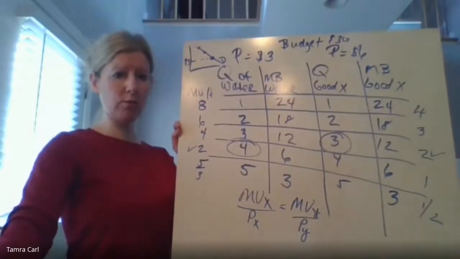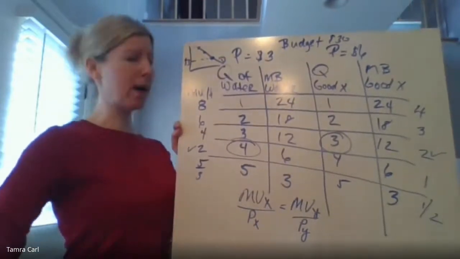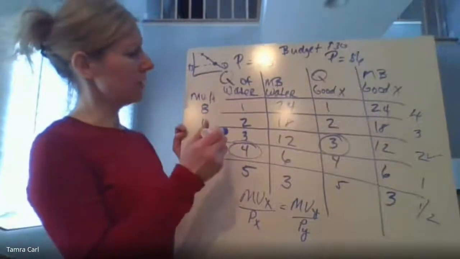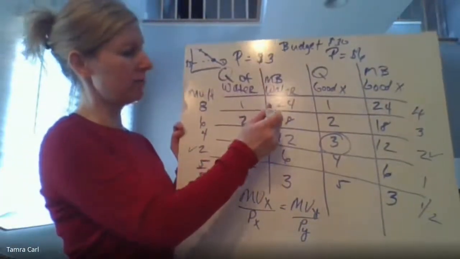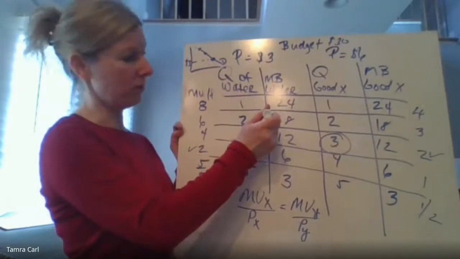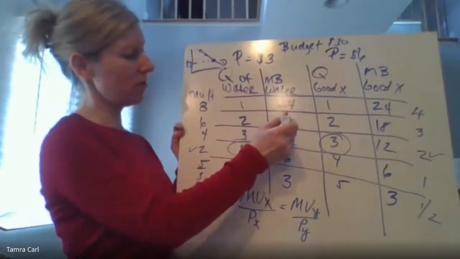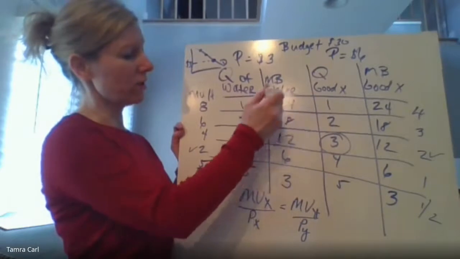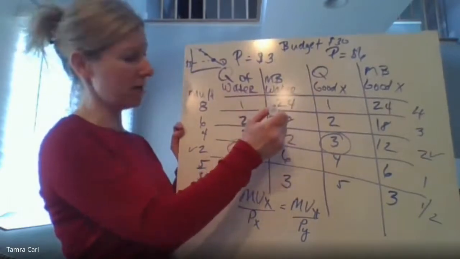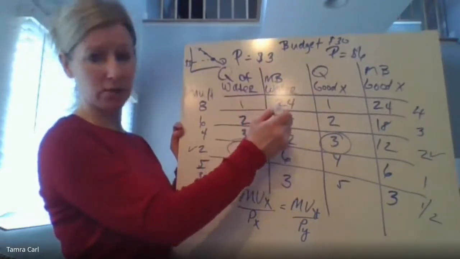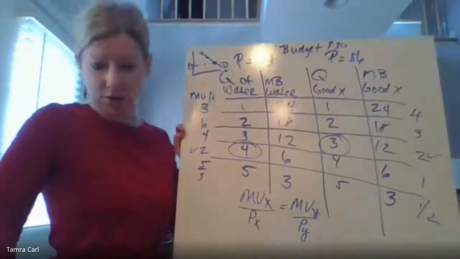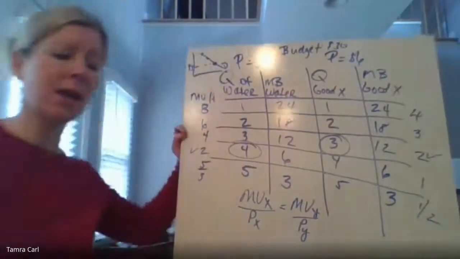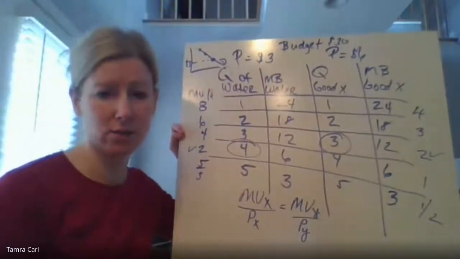And so the total benefit of 2 bottles of water would be me adding up the first marginal benefit plus the second marginal benefit. And so 4 and 8 is 12. So that's 32, I mean 42, would be my answer there for the total benefit. I show my work. I show that 24 plus 18, and I say that's 32.